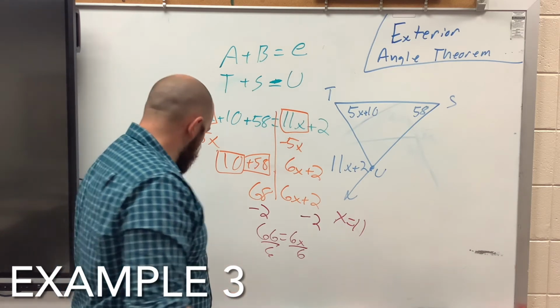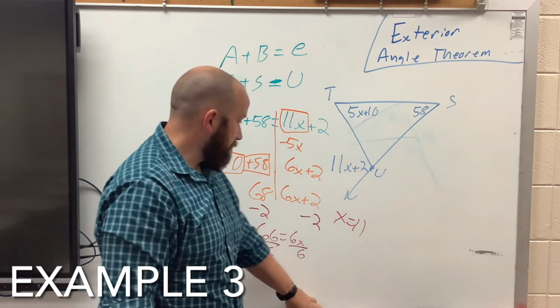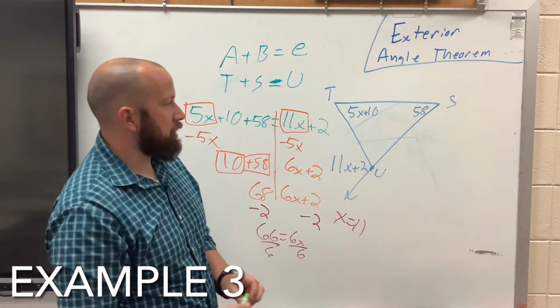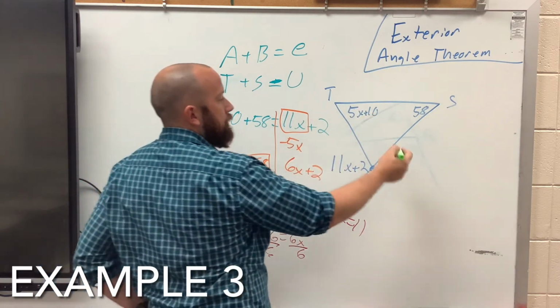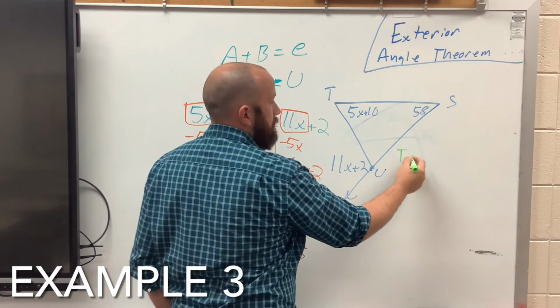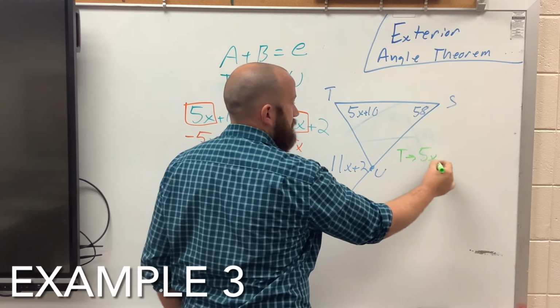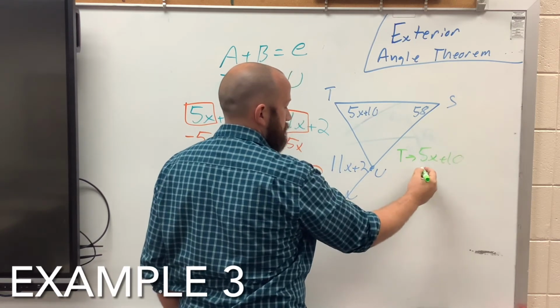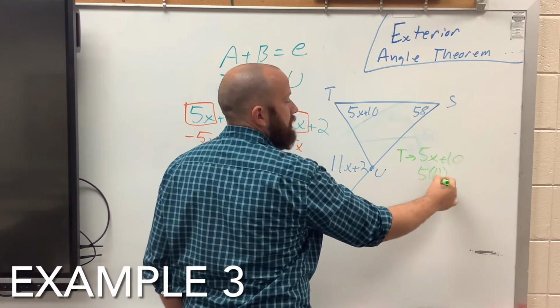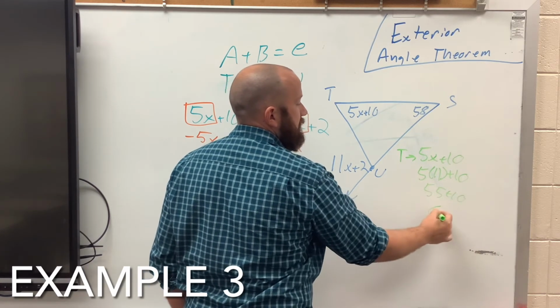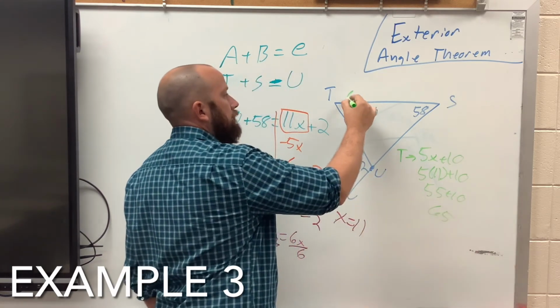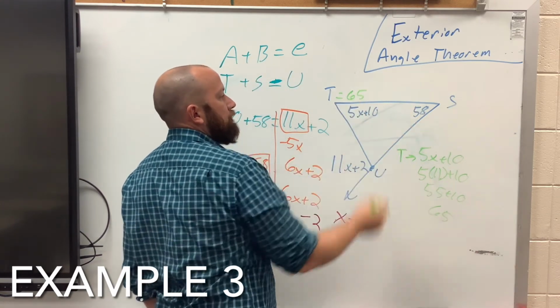But that does not give us our final answer. To get the final answer of what each angle is, we have to plug it in. So for T, it's going to be 5x plus 10. So 5, I replace it with the 11 to get that. So 55 plus 10 is 65. We know that's 58.